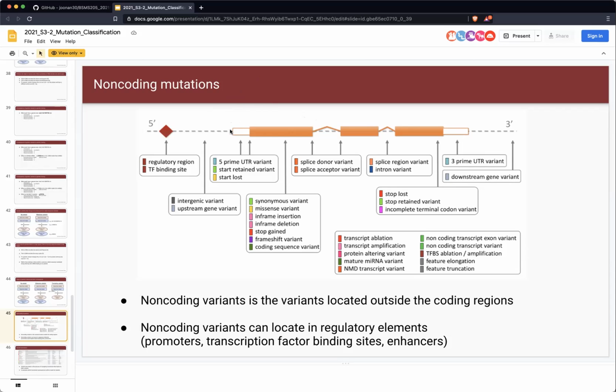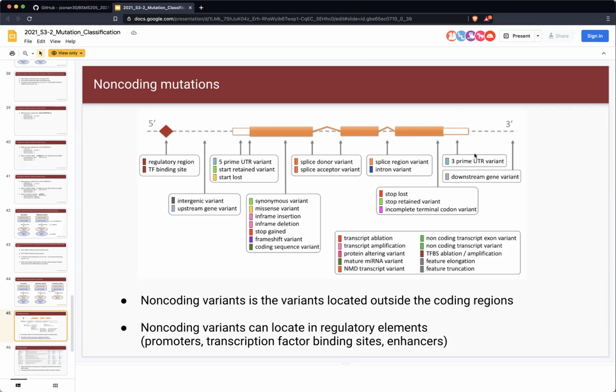So we bluntly call those positions the upstream gene region. Upstream means upstream of the transcript, right? If the mutation happens in that area, we call it an upstream gene variant, right? Or if the mutation happens after the transcript, we call it a downstream gene variant, right?